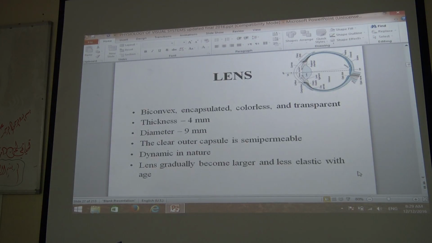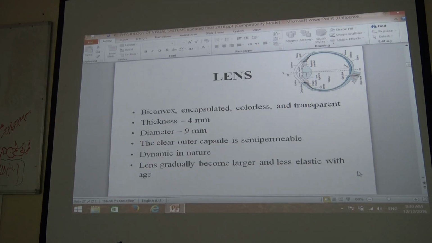The lens contributes 1/3 of the power of the optical system of the eye, but it is changeable. So we can increase the power of the lens by contraction of the ciliary muscle, relaxation of the suspensory ligament, and increase in the curvature of the lens. The anterior surface of the lens becomes more curved. So the change in the lens is mainly in the anterior surface, not in the posterior surface. Why?